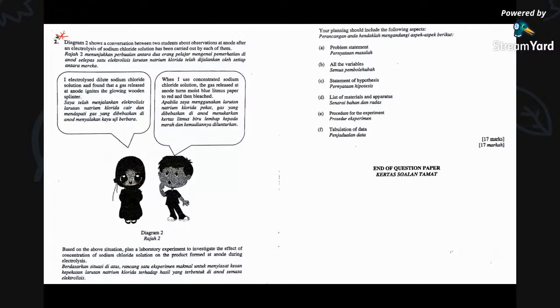Okay, so if you do an electrolysis and then you have sodium chloride solution, so the ions present should be Na positive, OH minus. Okay, so I electrolyte dilute sodium chloride solution.